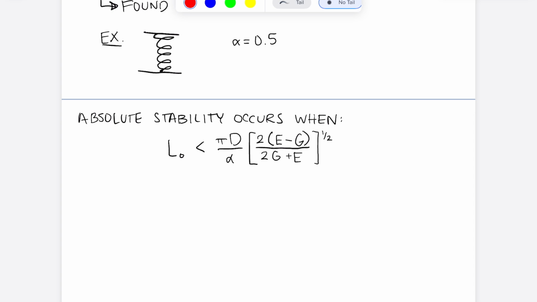Okay. And as another example for something you can try to calculate yourself at home, for a spring with squared and ground ends.